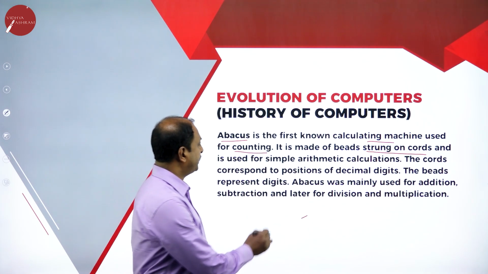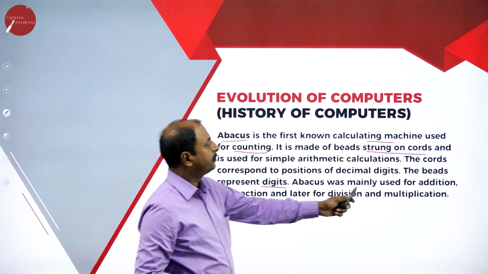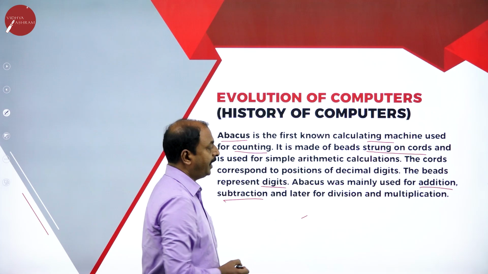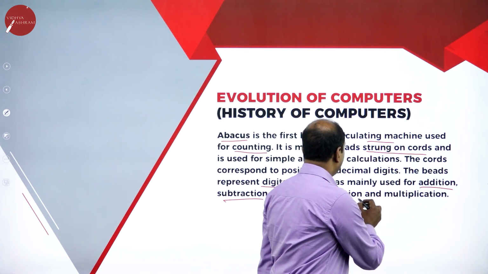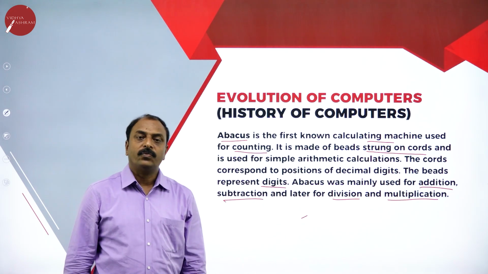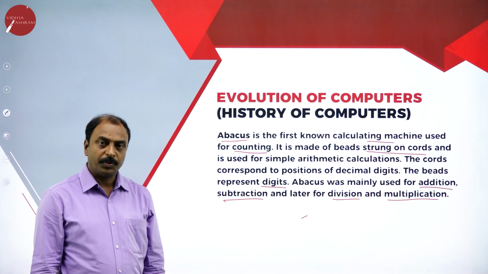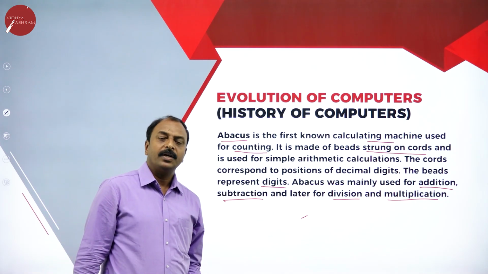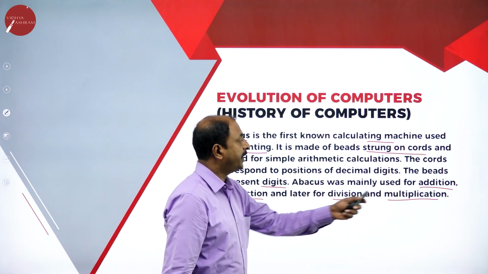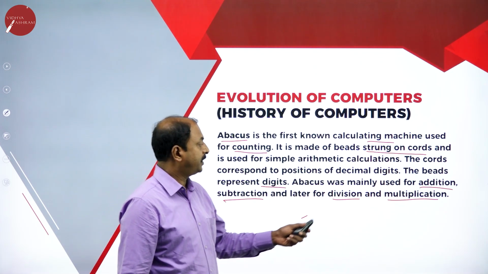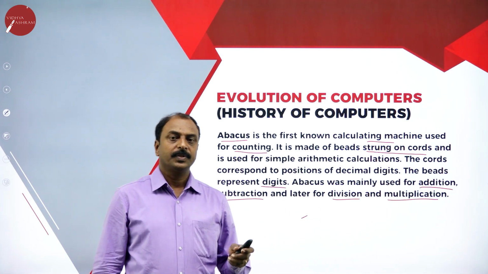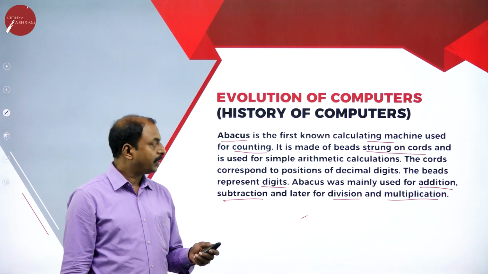The beads represent digits. The abacus was mainly used for addition and subtraction, and nowadays we are using the abacus for division and multiplication as well. With the help of this device, during those days they used it for addition and subtraction. This is the abacus. Now we move on to the next slide.